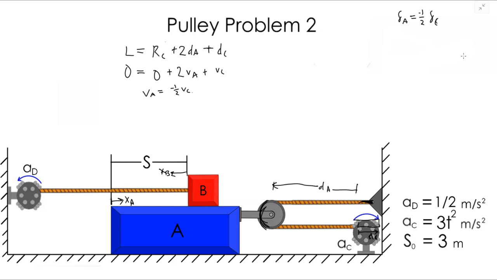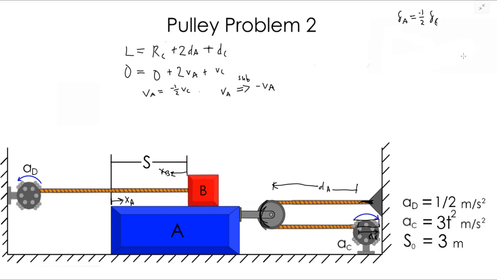In converting, we thought VA was going that direction, but VA is going to go this direction. So we substitute negative VA in for VA, because we're going from this one to the other one.